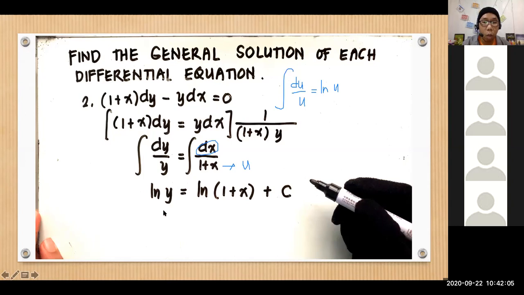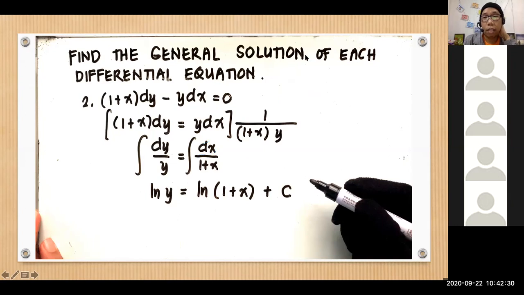Kung halimbawa ito ay y lang, tapos y is equal to ln of x, okay na yun. Yun na yung final answer mo. But because yung y natin is naka-logarithmic siya na form, so may gagawin tayo dun sa mismong equation. Lalo na't yung dalawang terms dito naka-ln pareho. So, kailangan i-simplify na natin to. Gawin na natin ln of c din to.